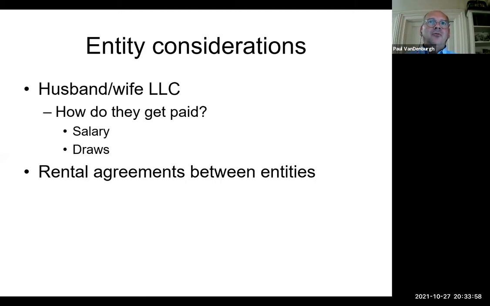So they get paid through draws. Draws coming out of a partnership or an LLC is money distributed in anticipation of there being taxable income at the end of the year that you're going to pay tax on. You're taking it out ratably over time. A draw, a guaranteed draw, mirrors a salary, but it's not on a W-2.